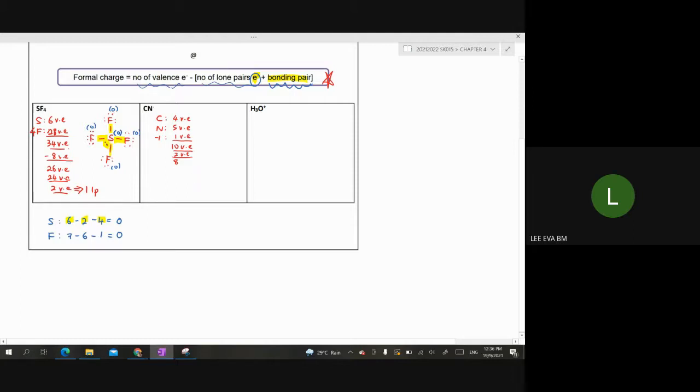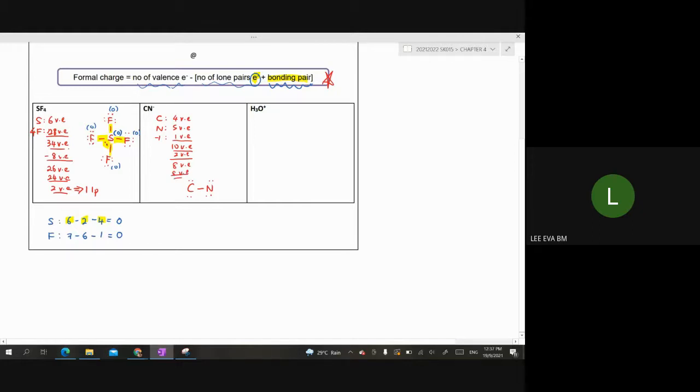If you are good at steps 1 to 5, later Madam will teach you a shortcut. But for the shortcut, you must know the steps first. So 10 minus 2, remaining 8 valence electrons. Similar to our N2 just now, we complete the surrounding with the electrons. So 8 electrons: 1, 2, 3, 4, 5, 6, 7, 8. Finish, no more electrons.